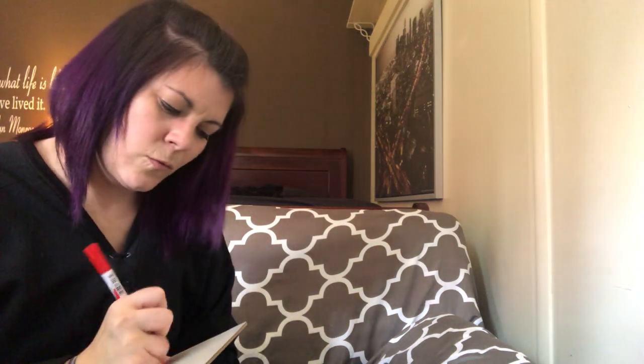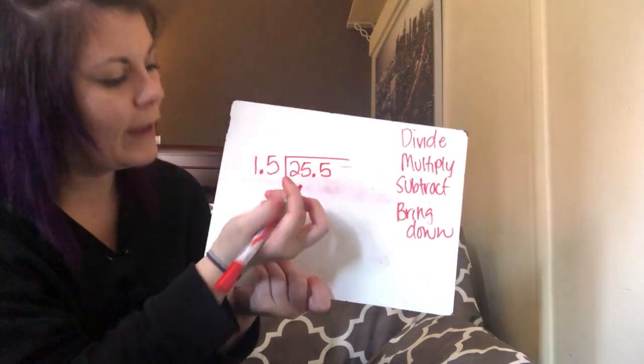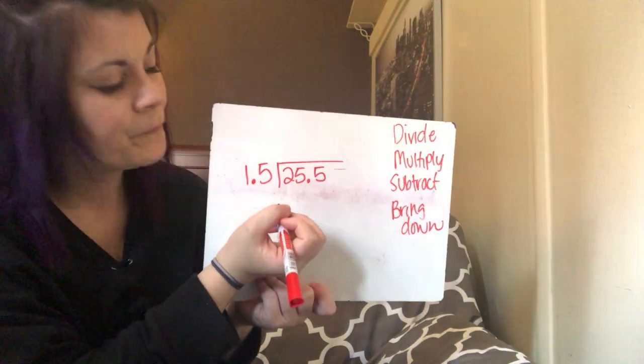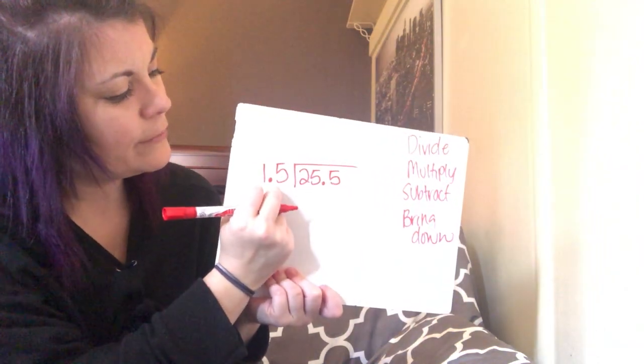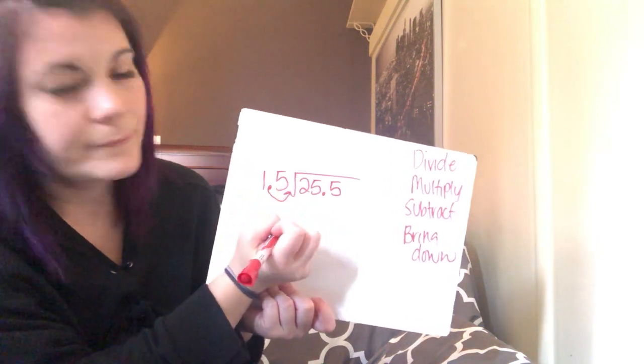63 and 2/10. So let's try one more. 25.5 divided by 1.5. Sorry, I said it wrong. So here we have a decimal here. We cannot do that. So we need to move it to the right once, okay?